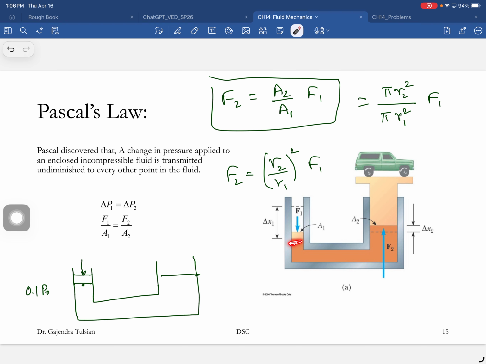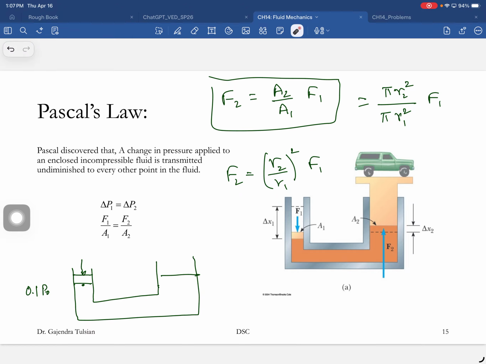All right, so if this is a small cylinder like that, the master cylinder is small, and the slave cylinder is 10 times bigger, 10 squared is 100. The output force can be 100 times the input force.